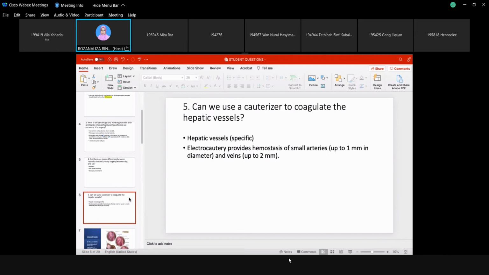Another problem with the cauterizer is that when you cauterize, you basically form a scab at the bleeding part. The risk is that if the scab dislodges, you're going to have bleeding or hemorrhage.